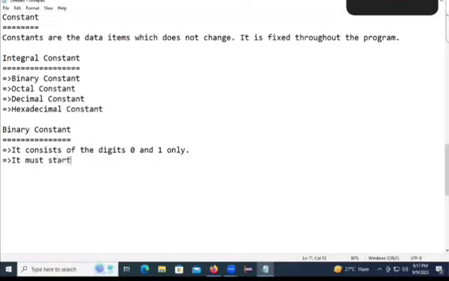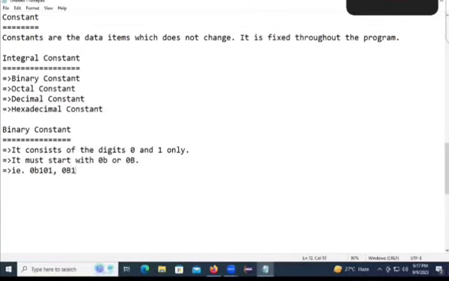It must start with 0B. Any number that starts with 0B followed by a sequence of zeros and ones. For example, 0B101: if this is given, you have to say that it is a binary constant, because it starts with 0B followed by a sequence of 0 and 1 only.